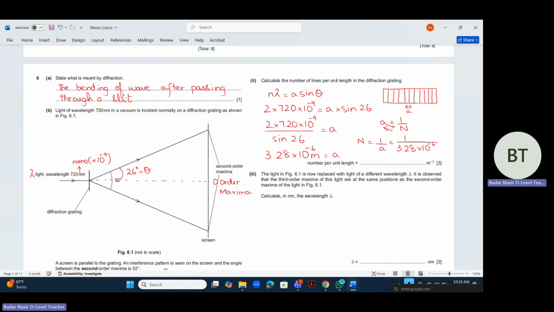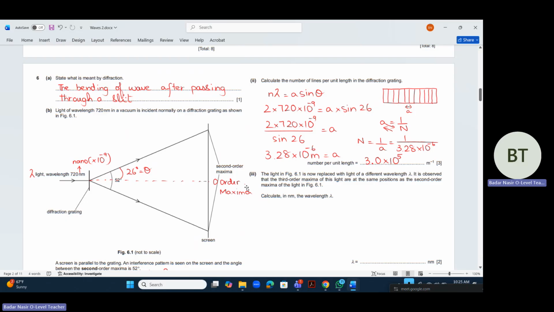You put the whole expression on calculator. What do we get? So 3.048. So 3.0 into 10 की power 5 per meter will be the number of lines per unit length in the diffraction grating. ठीक है?